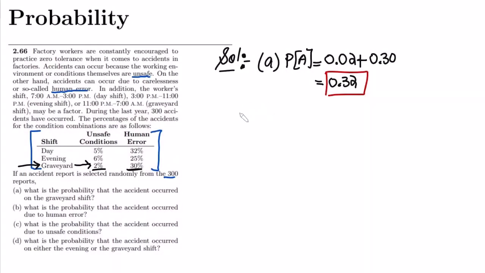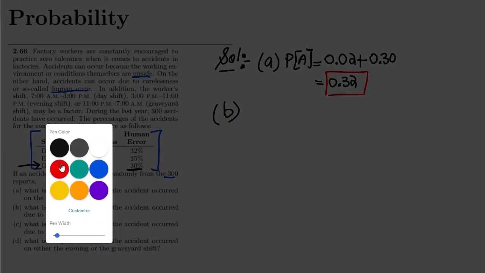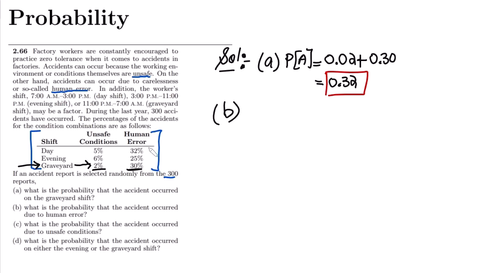Similarly, now moving towards part B, what is the probability that the accident occurred due to human error? Human error is the event for which I have to find the probability. Here the human error can occur due to all these percentages mentioned here, let me call it event B. This is the whole column, which can be either day shift, evening shift, or graveyard shift, in which I have human error percentages given.